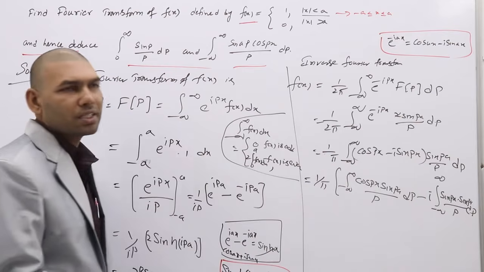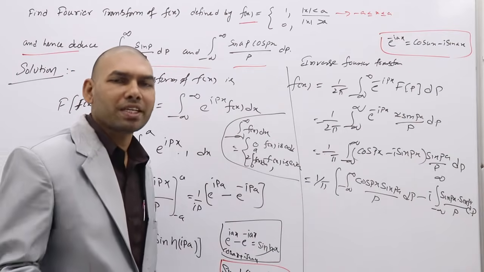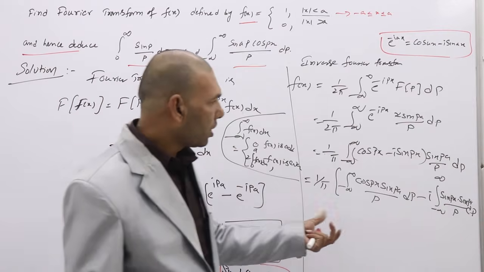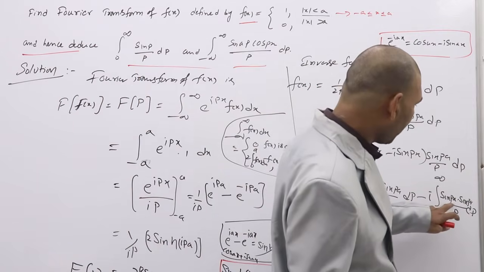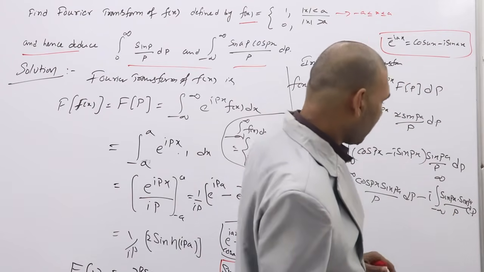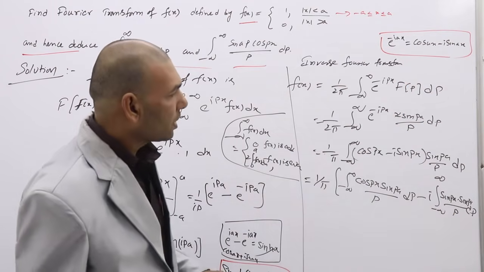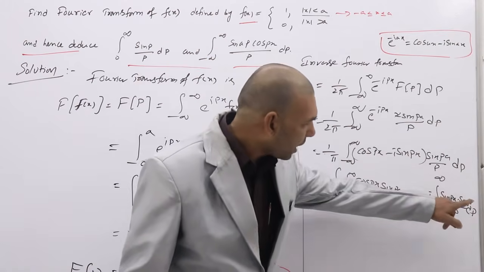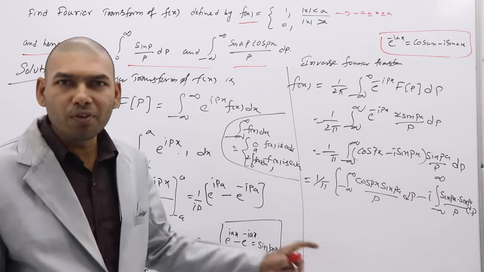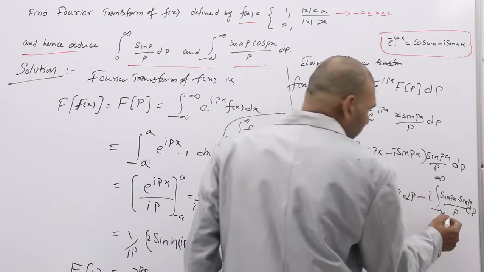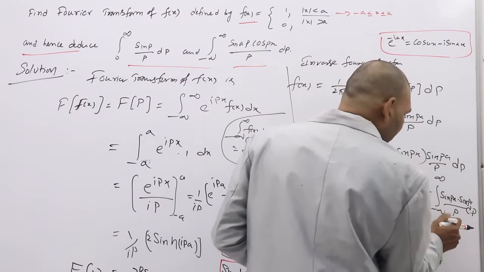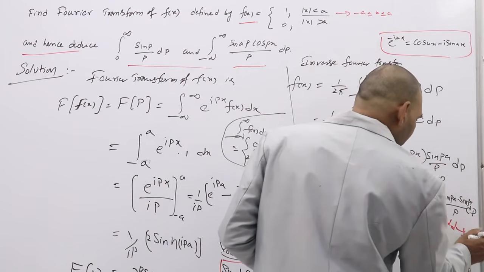Odd means x cubed, even means x squared, x to the power 4. Here p is odd, and in sin px by p times sin pa dp, the sin term is an odd function. Sin is odd, cos is even. So this complete function becomes odd, and this value becomes 0.